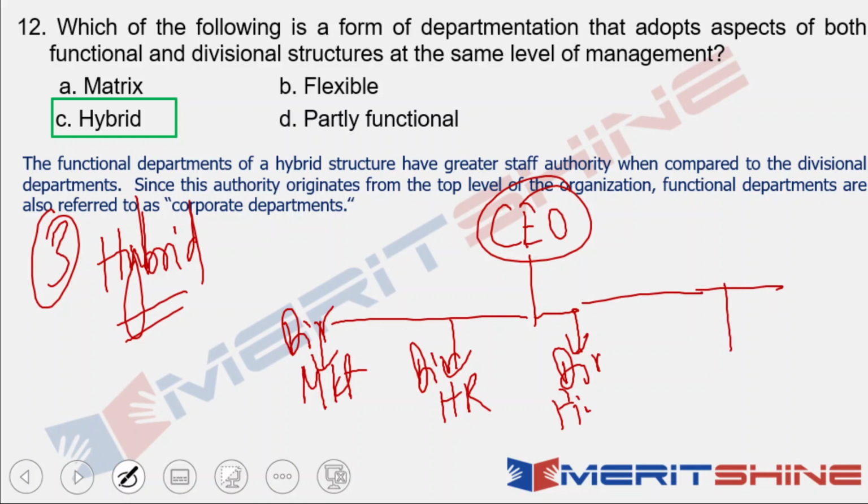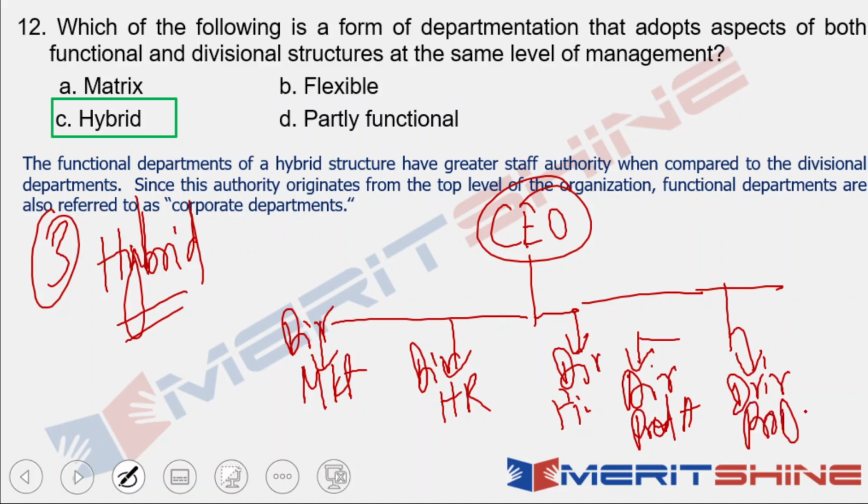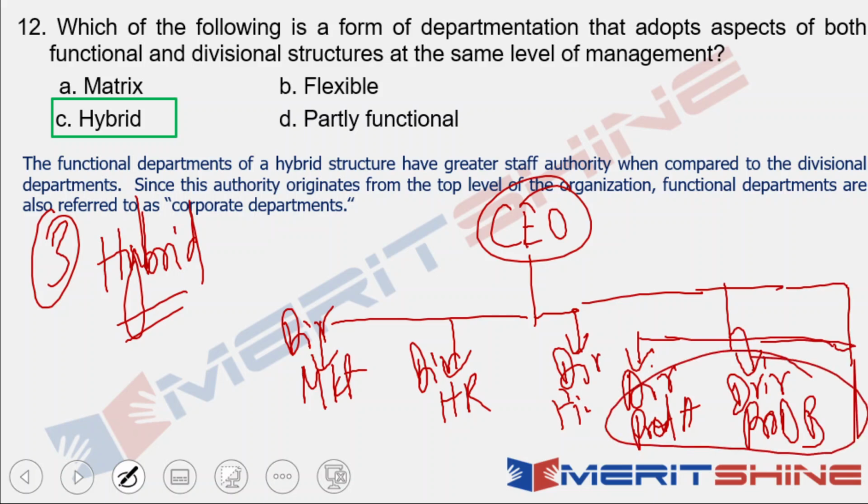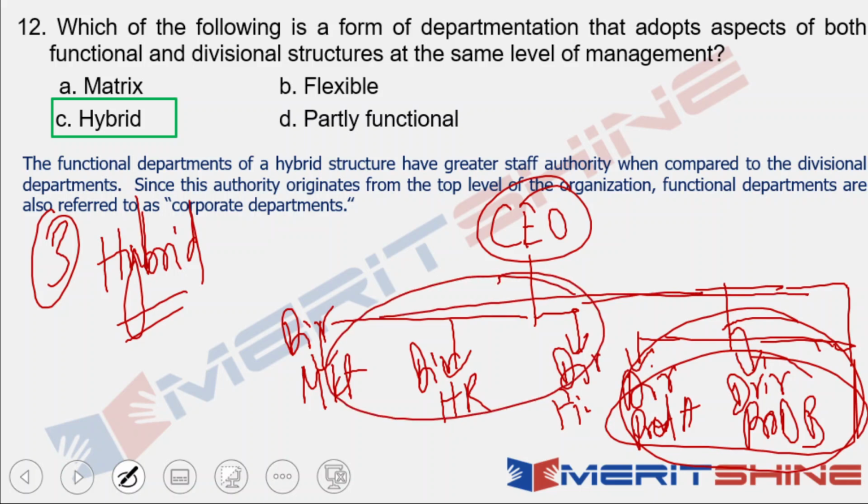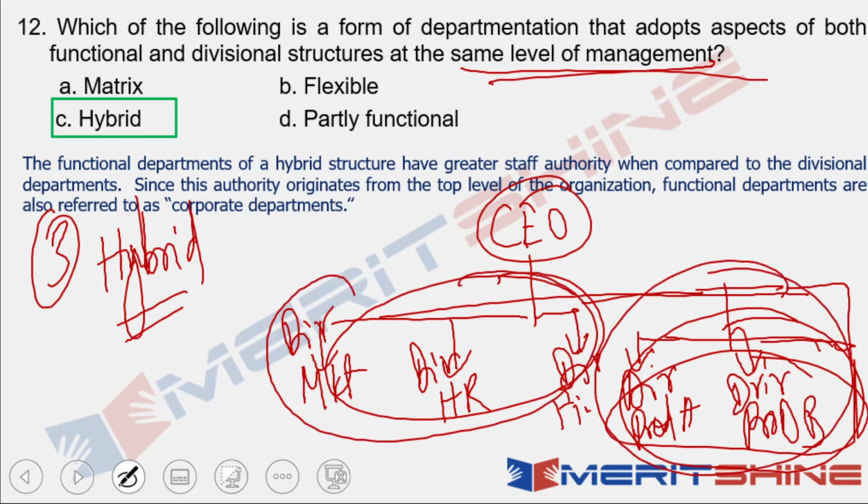But there are other directors too, and these directors are product based: director of product A, director of product B, and so on and so forth, product C. So at product level also there is a director. You see what is happening here. We saw divisional, this is the divisional structure. We saw functional, this is the functional structure. So at the same level of management, both functional and divisional are there, and hence it is hybrid. And that's why my answer is hybrid here.